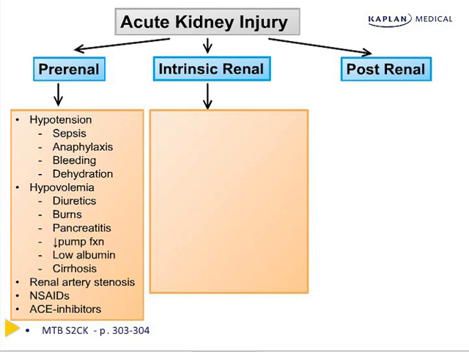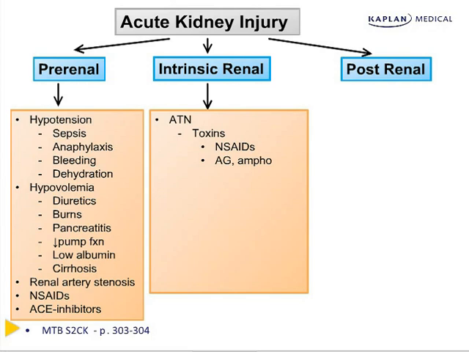Under the umbrella of intrinsic renal causes of AKI, far and away the most common is going to be ATN, or acute tubular necrosis. Causes of ATN are typically either from toxins or from ischemia. So under the toxins category, the toxins most commonly leading to acute tubular necrosis include NSAIDs, aminoglycosides, and amphotericin.